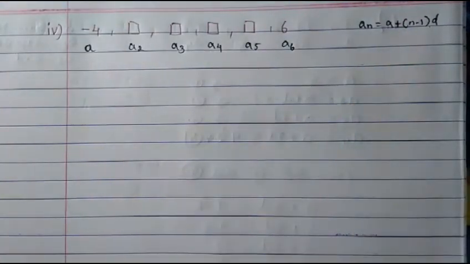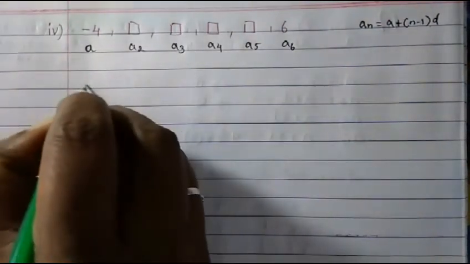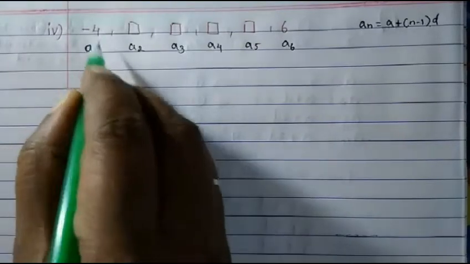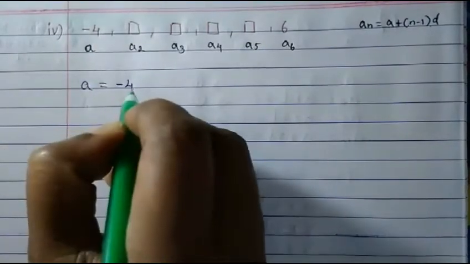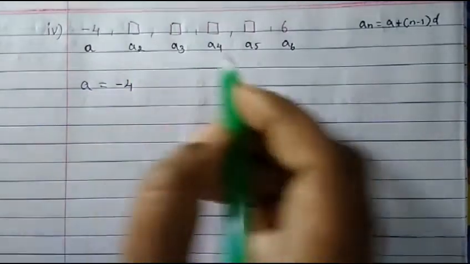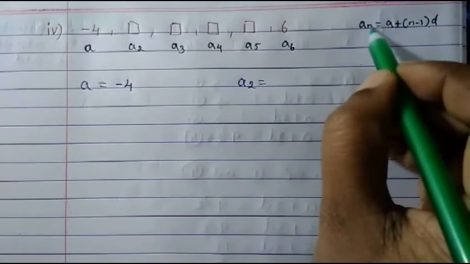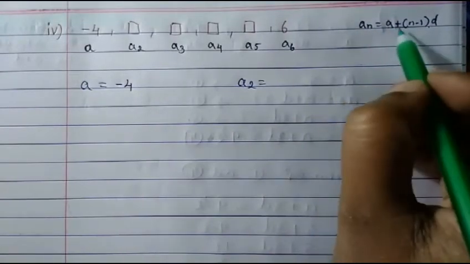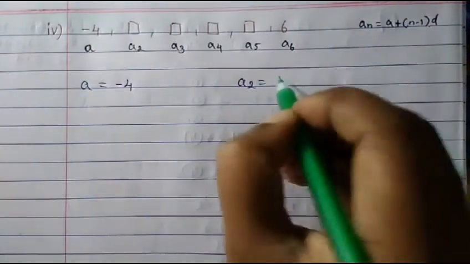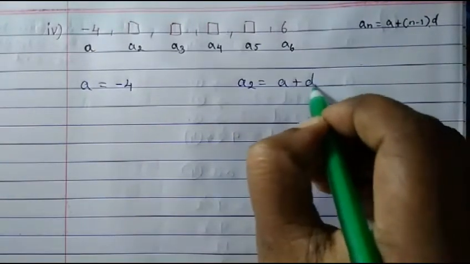So first, the value of A is 4, that is given to us. And then next what is given to us? A6. But A2, how to get it? A2 we have to find out, so in the place of n you put 2. So A2 is A plus 2 minus 1, which is 1d.